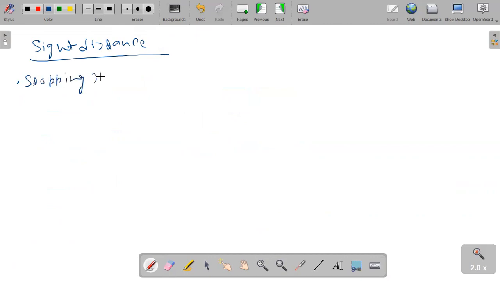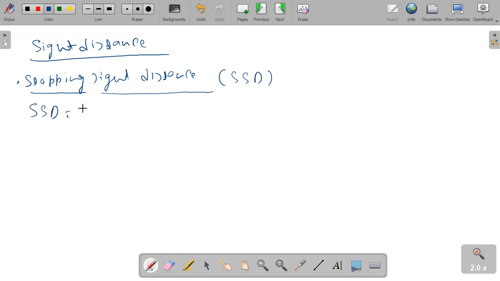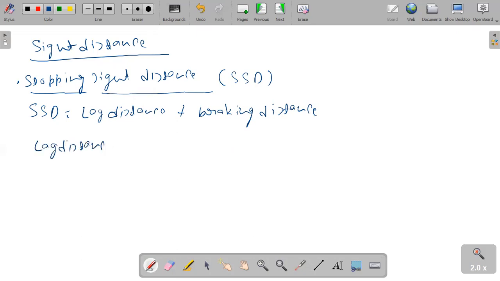Stopping sight distance we generally denote as SSD. In stopping sight distance we have a basic formula: SSD is equal to lag distance plus braking distance. We denote lag distance by d.